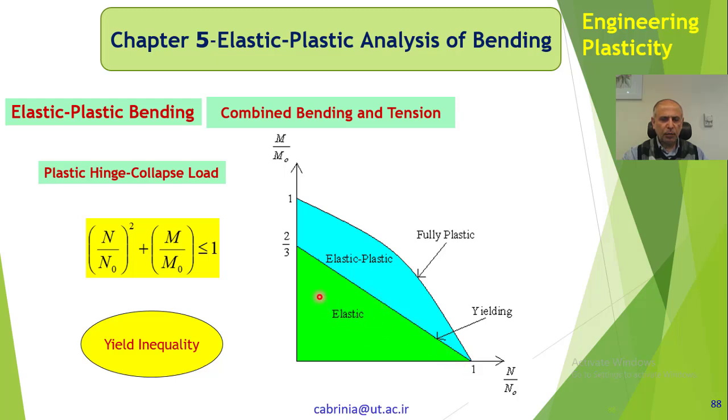In here, any points in this green region are elastic, any points in the blue region are elastic plastic, and this line here shows the fully plastic. So elastic plastic means that part of it is elastic, part of it is plastic. That's the yielding, that's elastic plastic, and that's the fully plastic region.